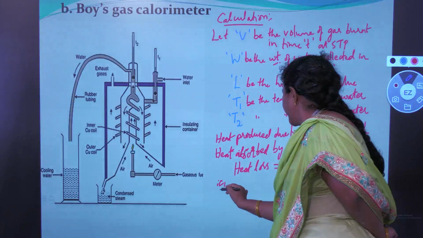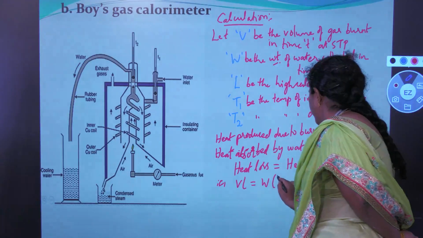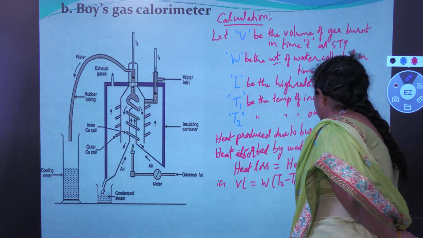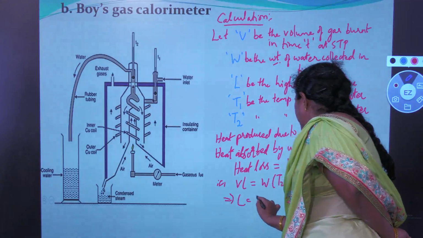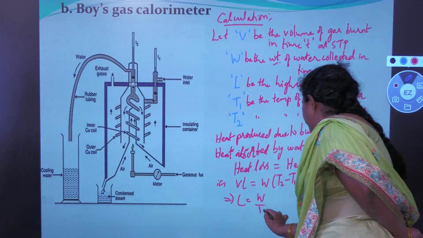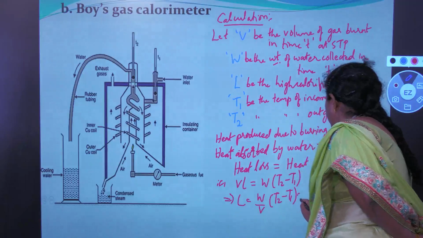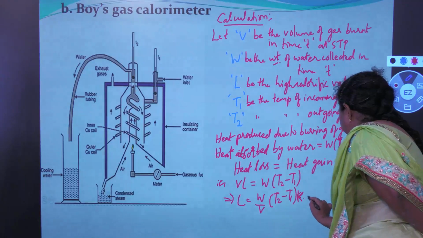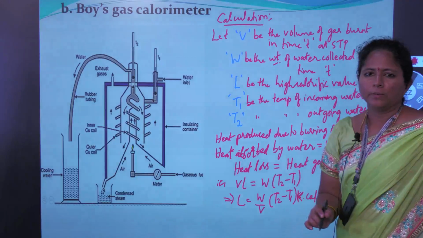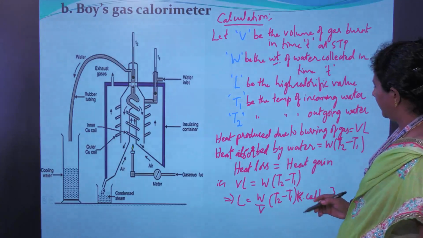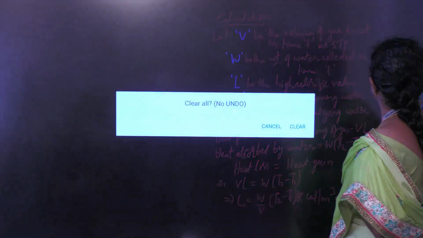That means we can write it as VL is equal to W into (T2 minus T1), which implies L is equal to W by V into (T2 minus T1) kilocalorie per meter cube. This is how we will be calculating the high calorific value using Boyle's calorimeter.